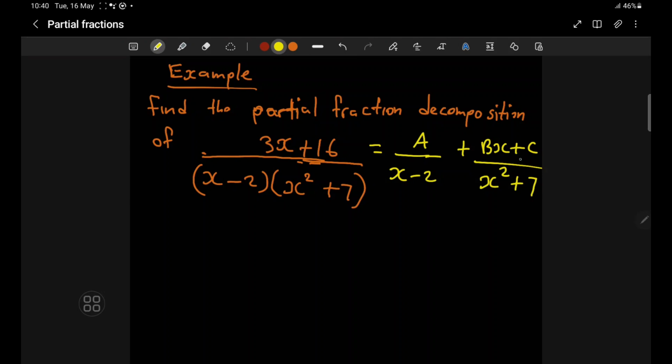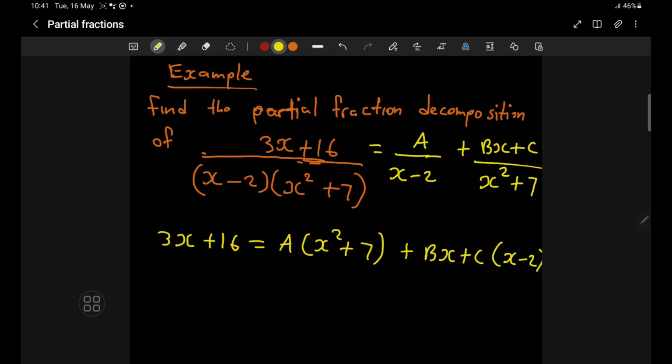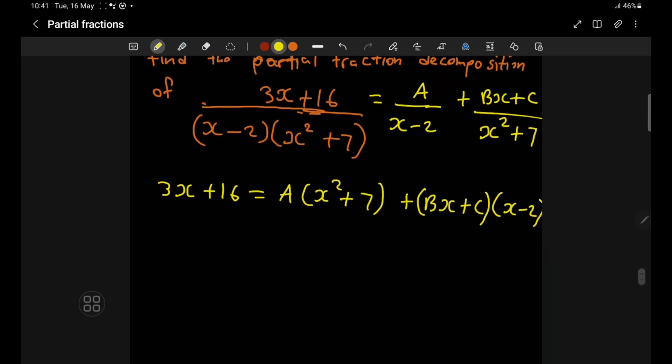If we multiply that throughout this expression, we'll end up having 3x plus 16 is equal to a multiplying x squared plus 7, and then bx plus c multiplying x minus 2. Doing the multiplication, where we expand and collect like terms, your final expression should look like this.